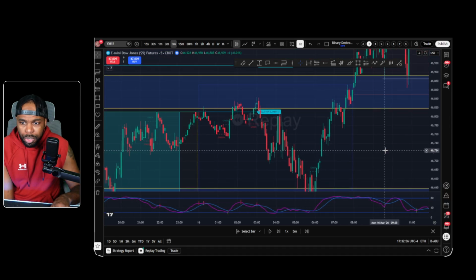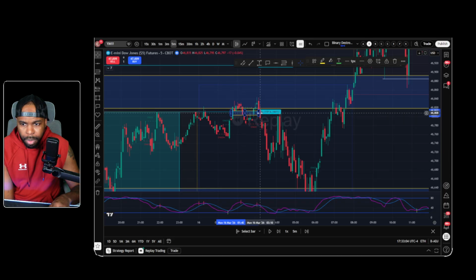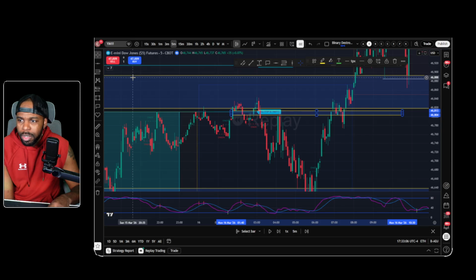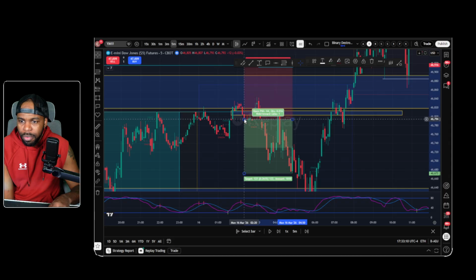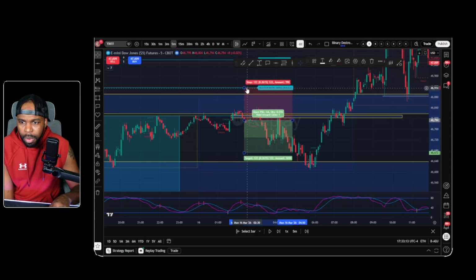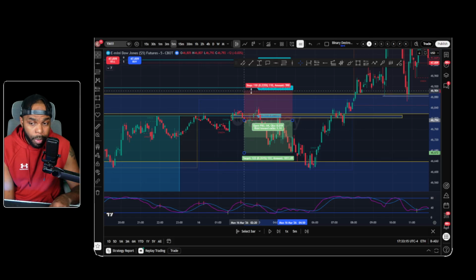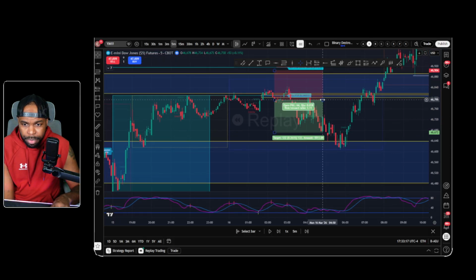But when it comes to my reversal strategy, I'm going to look for a bullish fair value gap, right? And then once price closes below that bullish fair value gap, it's going to turn into an inversion fair value gap. And then I'll put my stop loss right above that zone that we created.